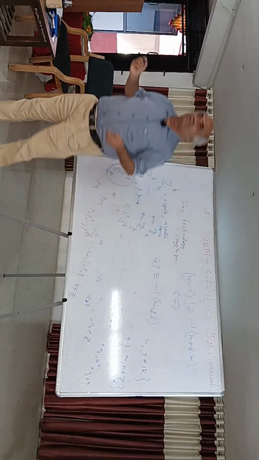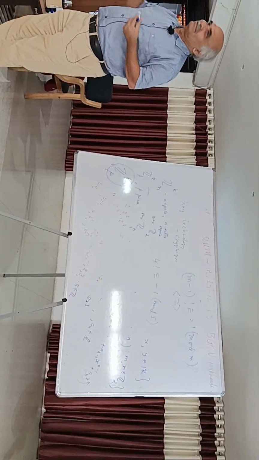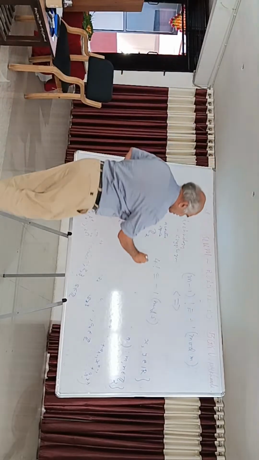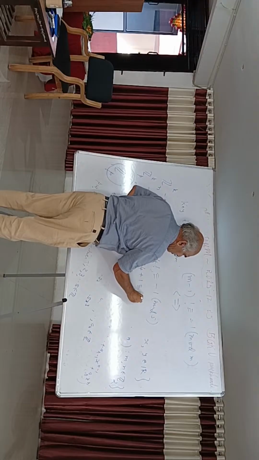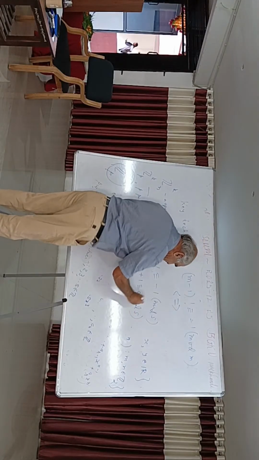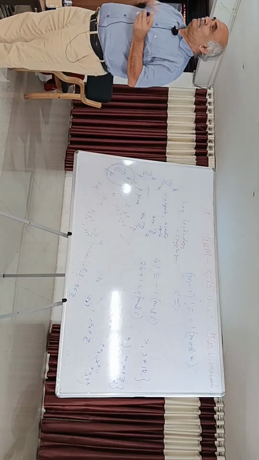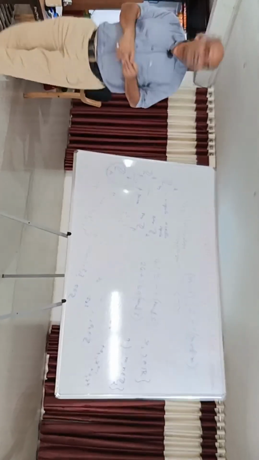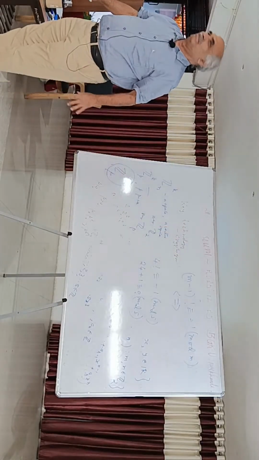What is factorial 4? 24. 24 plus 1 is congruent to 0 mod 5. So this is Wilson's theorem. The problem with this is computing factorials is bad, the complexity is very high.